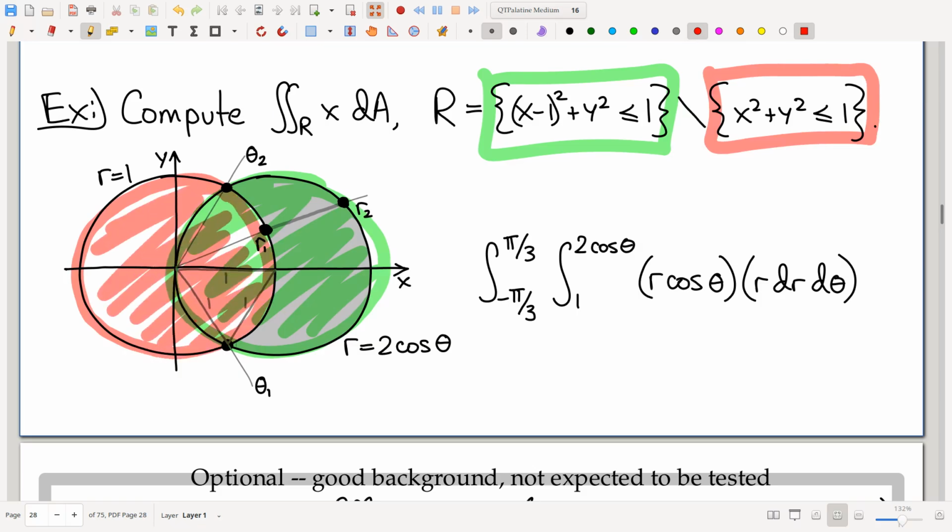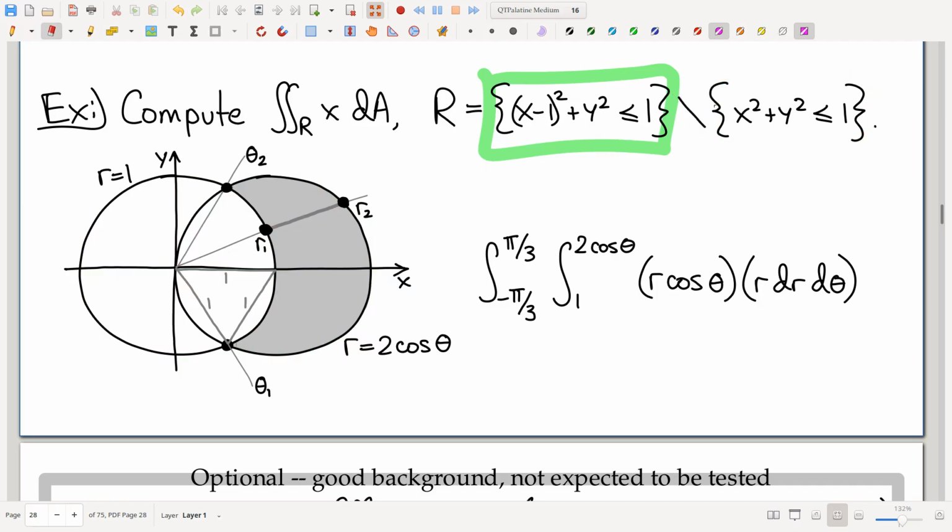By the way, this notation here, that purple backslash, just says remove everything from the set on the left that is also in the set on the right. It basically says minus. It's like, throw away all the red. And so what we end up with is this gray region right here. Make sure you're comfortable with that. That kind of notation we will use in the course on exams, so make sure you see how to understand that geometrically.